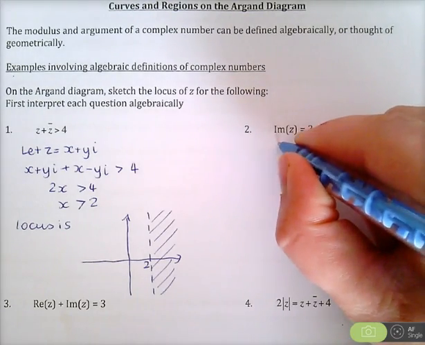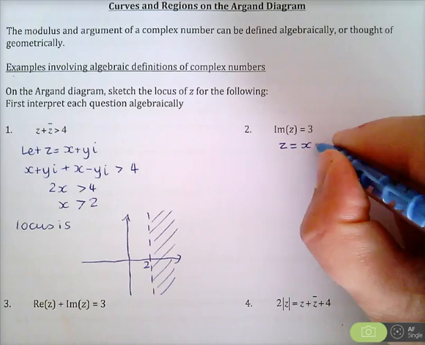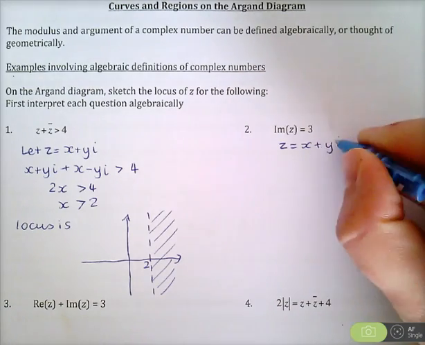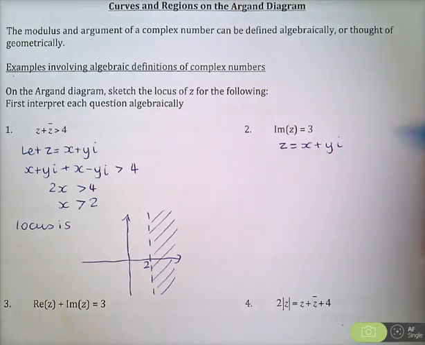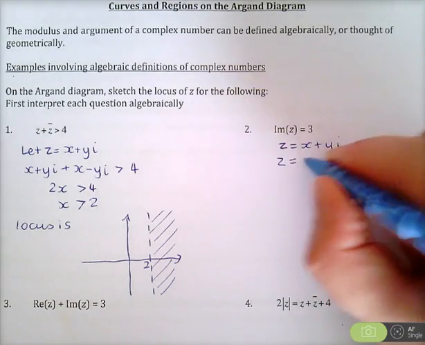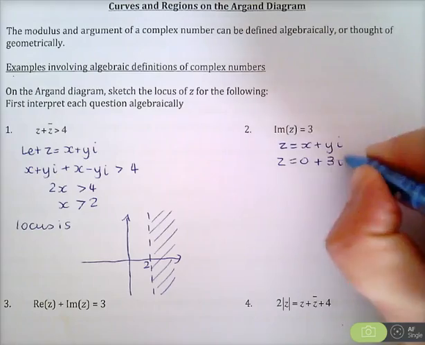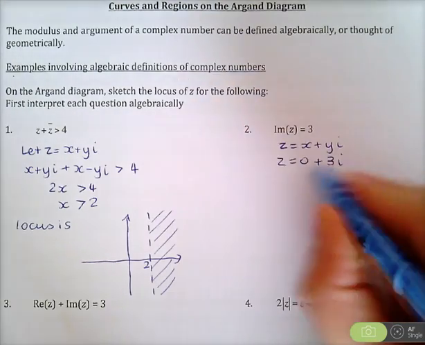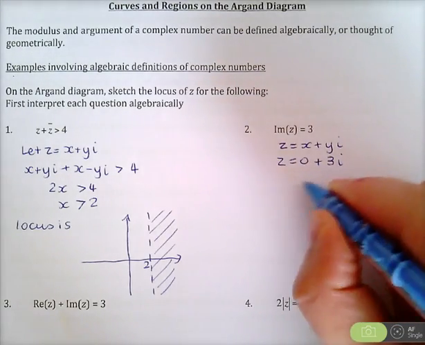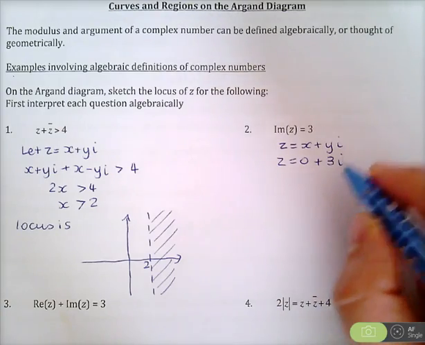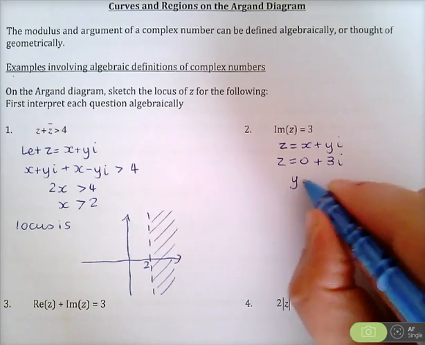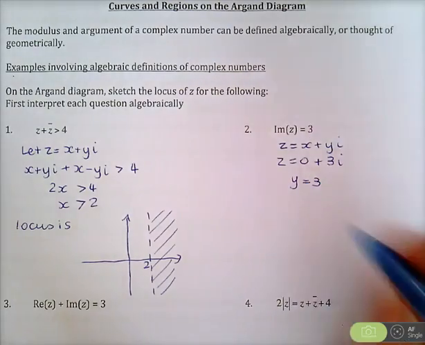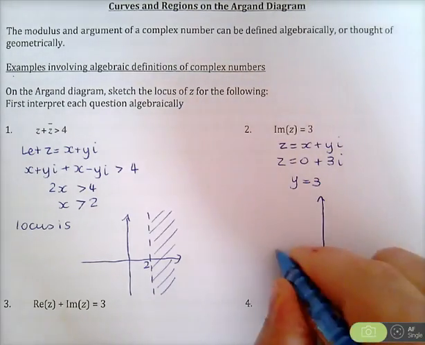So if our complex number is z equals x plus yi, and Im(z) is 3, and there is no real part here, then your complex number will be 0 plus 3i. And to sketch this, remember 3i is on the y-axis, so we're basically just going to be sketching the line y equals 3. Okay?